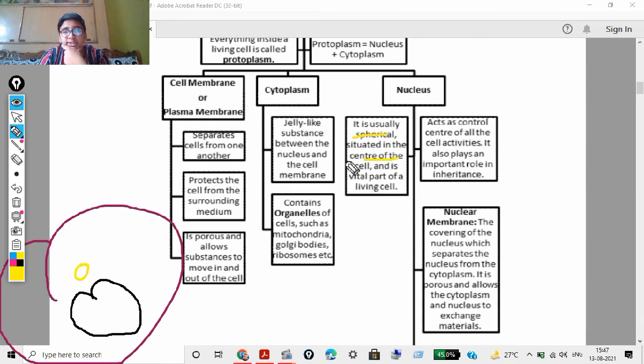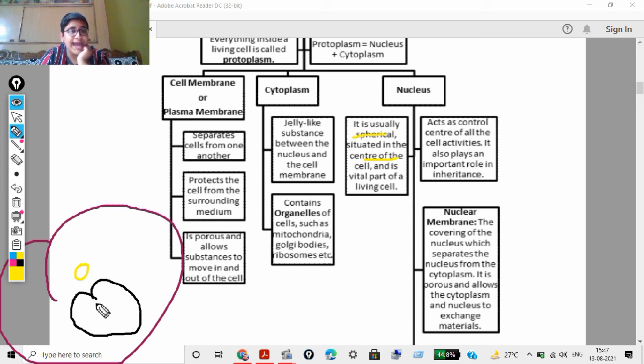It is situated in the center of the cell and is a vital part of the living cell. What do you mean by vital? Vital has many meanings.